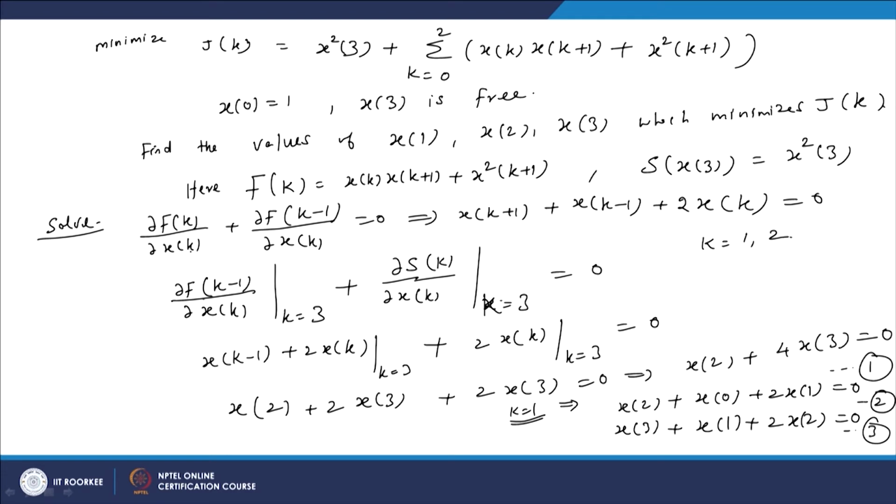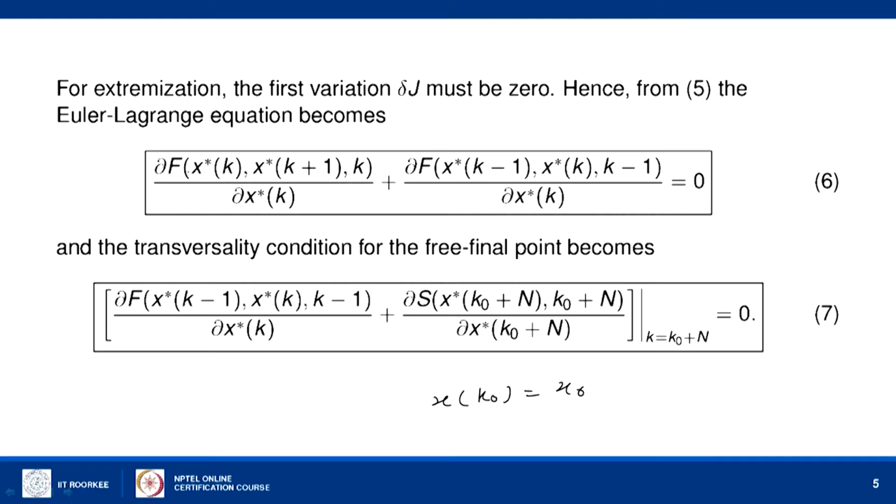So, if we have the components x1, x2, up to xn, a vector, in that case the equations will have del f of k by del x suffix i, where i is equal to 1, 2, 3 up to n. Wherever x is there in the denominator, we have to write x suffix i, and then we will get that many equations, and they have to be solved in the corresponding manner.